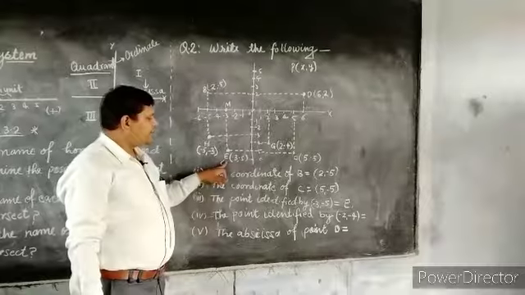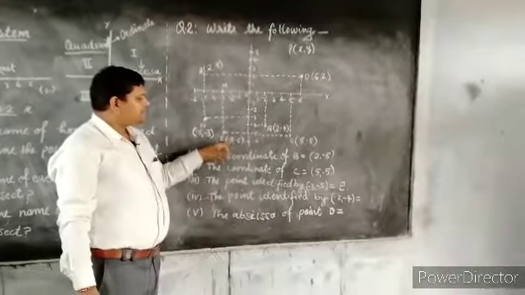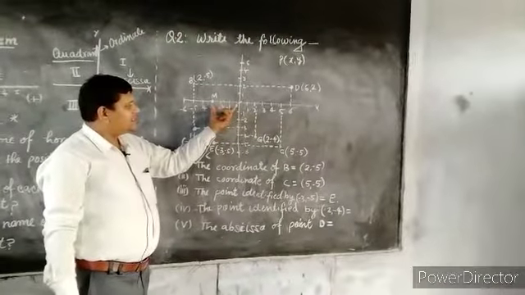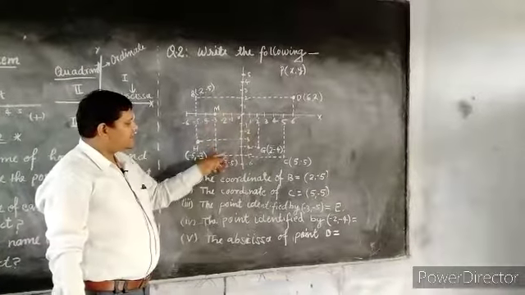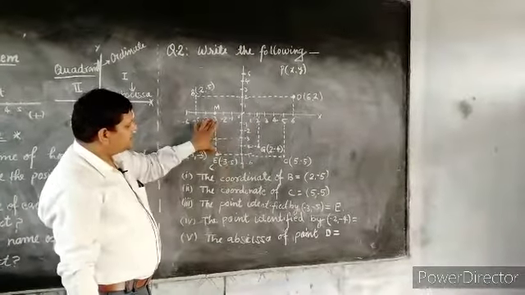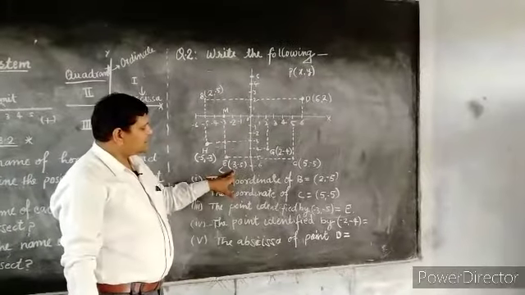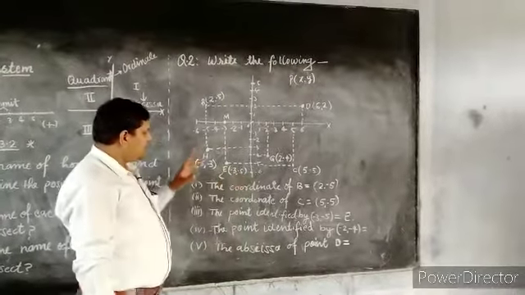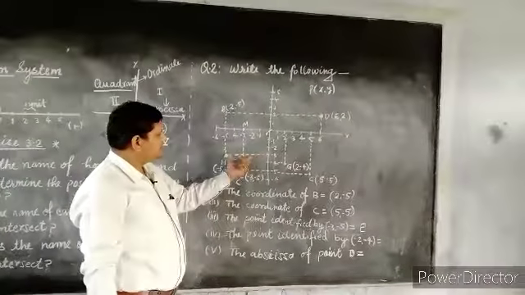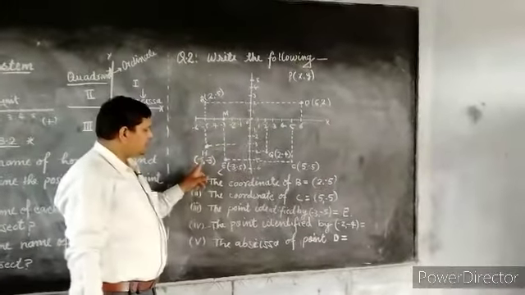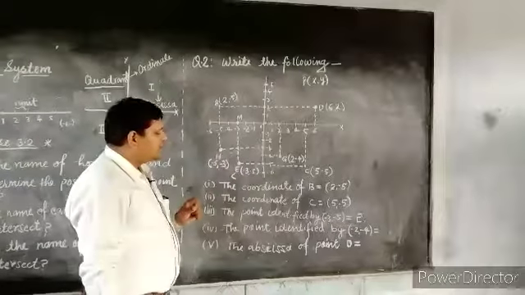And after this, point E is -3 distance from the y-axis, because this is a rectangle, and this is -5. So its coordinate is -3, -5. Similarly for point H, this is -5 and this is -3, so it will be -5, -3.